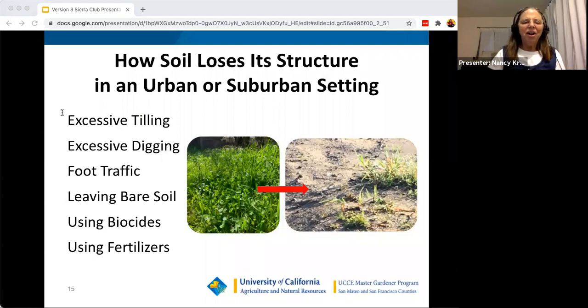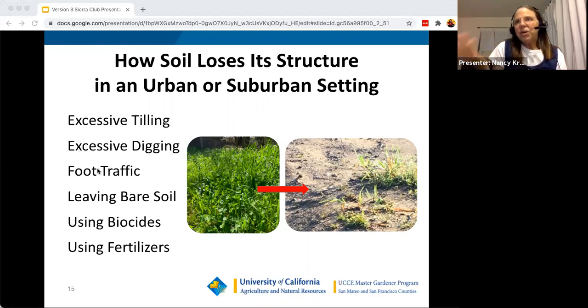Okay, so Terry talked to you earlier about how soils are degraded on a global scale, but now let's look at how people inadvertently destroy structure in their soils at home. They do this through excessive tilling or digging, by foot traffic. Have you ever had an area of, say, your lawn or someplace where people just kind of tend to walk through the same place over and over and it creates a path?